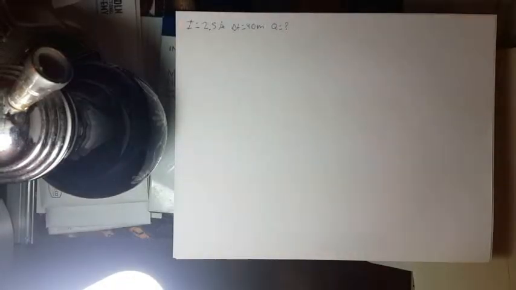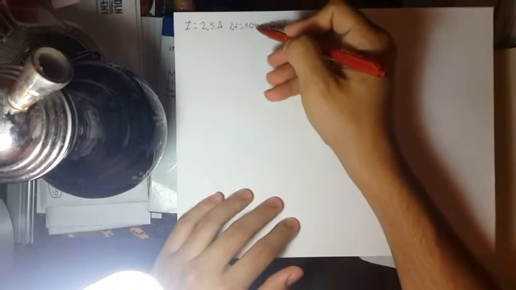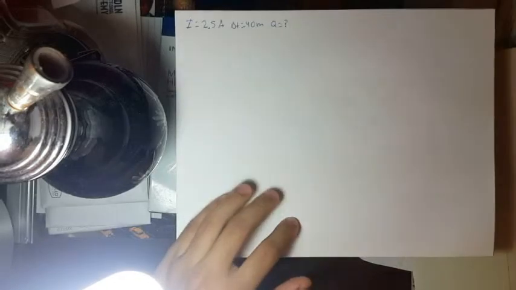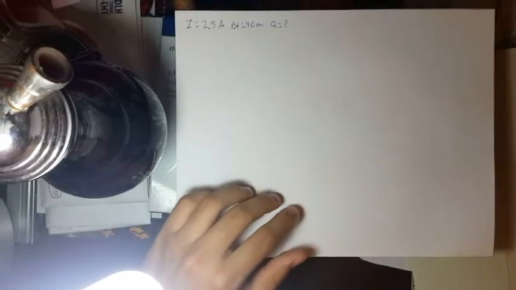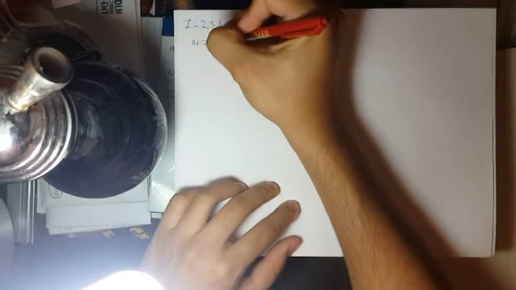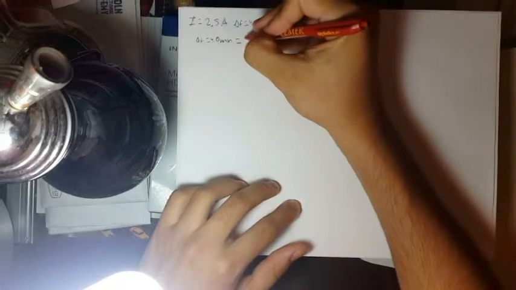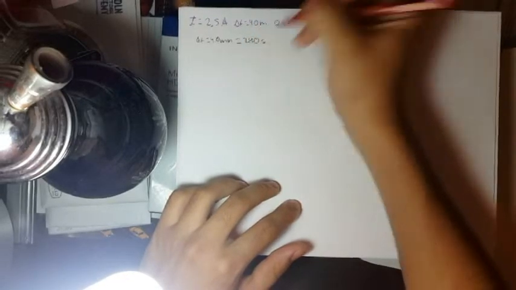So in this problem, they give us the electric current, which is 2.5 amperes, and the time, which is 4 minutes, and they want us to find the charge in part A. So the first thing you have to know is that delta T is given in minutes, but we work in seconds. So 4 minutes is the same thing as 240 seconds.